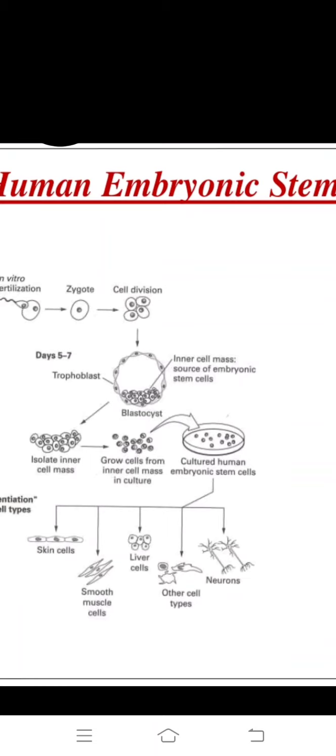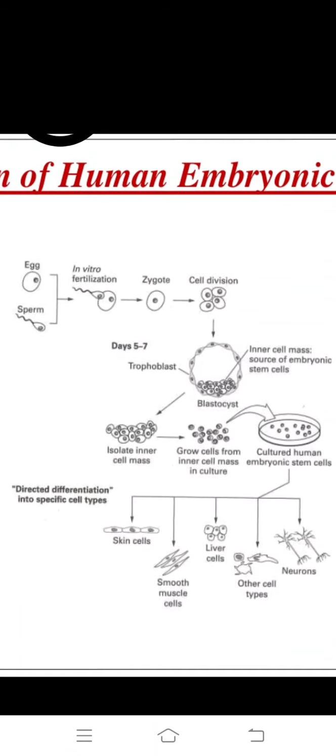Inner cell mass of blastocyst, embryonic stem cells are pluripotent. Okay, they give rise to 3 primary germ layers: ecto, endo and mesoderm. It can develop into more than 200 cell types of the adult body. So here, isolated inner cell mass, grow cells from the inner cell mass in culture. Second step is cultured human embryonic stem cells.